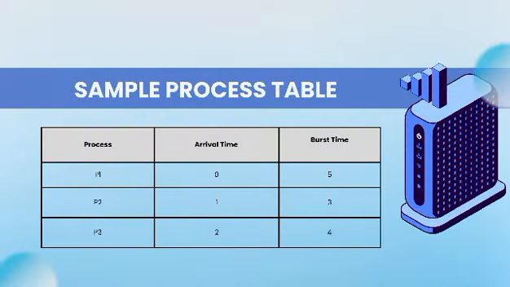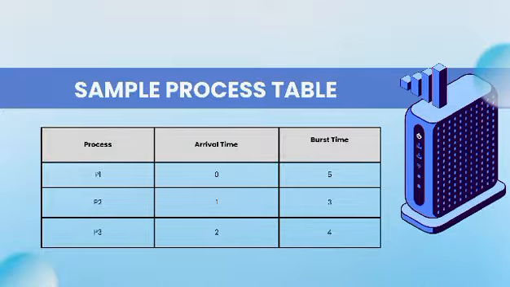Now, let us look at the sample process table. We have three processes, P1, P2, and P3. Process P1 arrives at time 0 and has a burst time of 5 units. Process P2 arrives at time 1 with a burst time of 3 units.